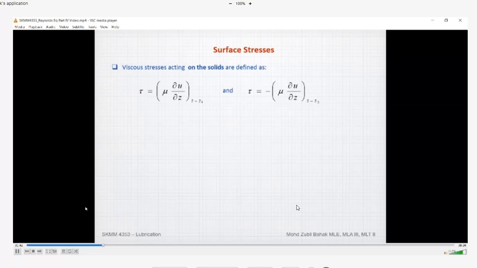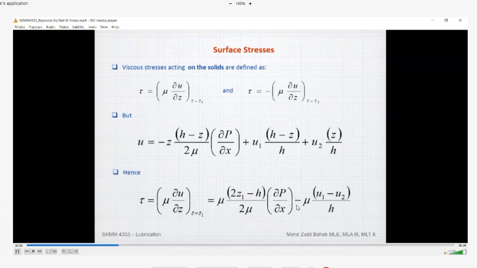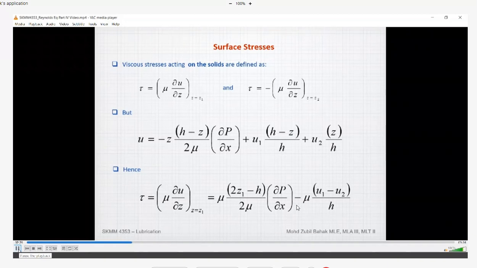Where z equals z1, and tau equals minus mu partial u partial z when z equals z2 on the top surface. We have the u equation here, where we have partial p partial x and u2 z over h. Since tau is equal to mu times the differentiation of the velocity, we differentiate the velocity u with respect to z and put it into the equation. Then we have the tau at z equal to z1 as shown in the bottom equation there.